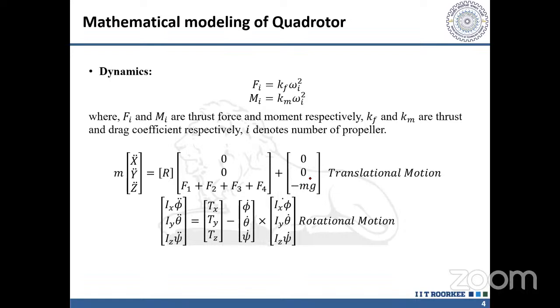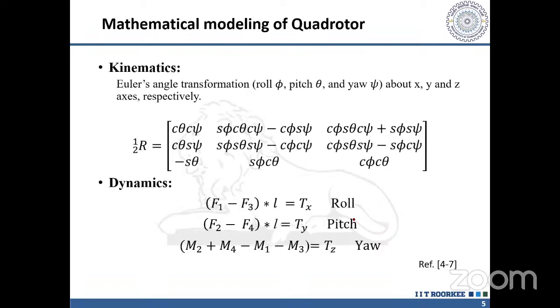So we form the equations for the translational motion and the rotational motion. These equations we form through the Lagrangian mechanics approach. So this is the kinematics. We need to connect the global coordinate system with the local coordinate system, so we form this rotation matrix, and these are the dynamics. These are the torques: roll, pitch, yaw.